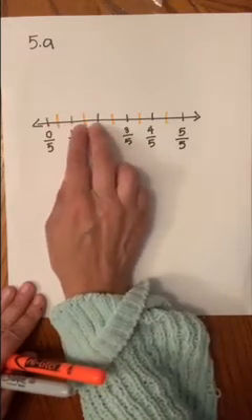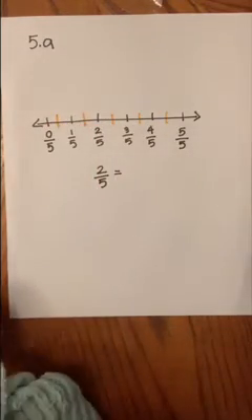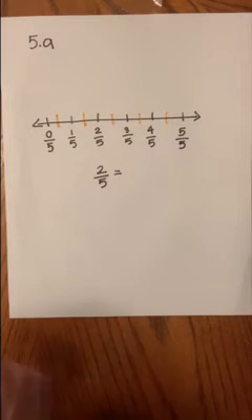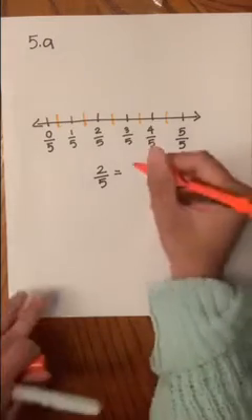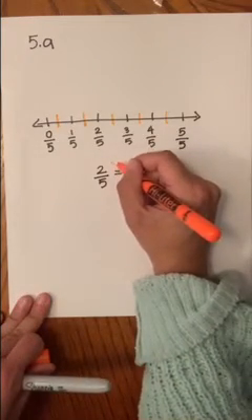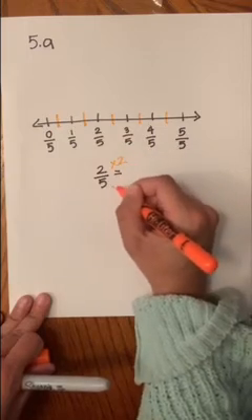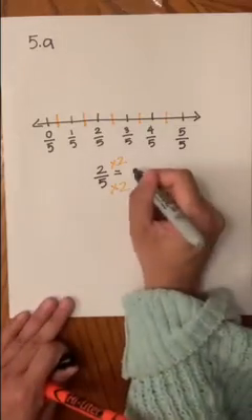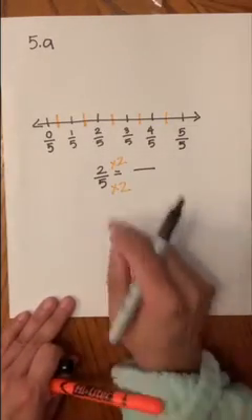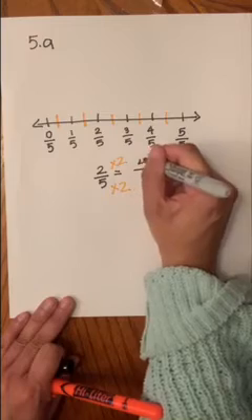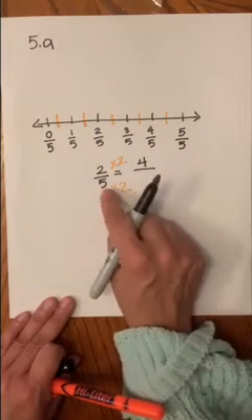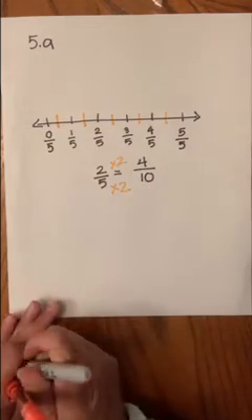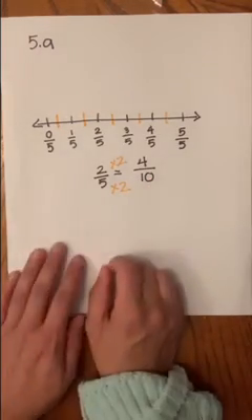There's 2 here, 2 here, 2 here. What if I would multiply times 2? Let's see. Can I do that, boys and girls? And if I multiply to show an equivalent fraction, I know that 2 times 2 is 4. And 5 times 2 is 10. What do we think?